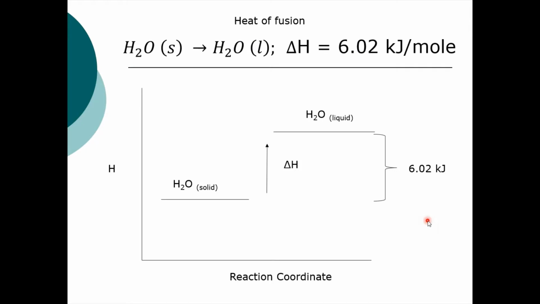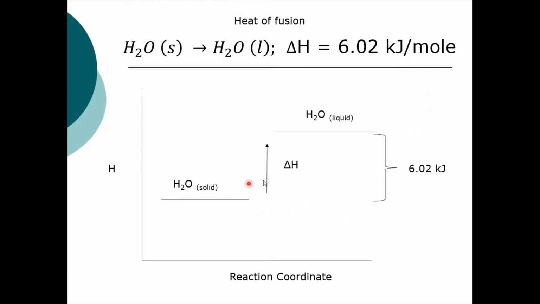And here I have energy diagrams to show what that is. You can see it as a chemical equation, starting off with solid water turning into liquid water. The delta H for this process is 6.02 kilojoules per mole.